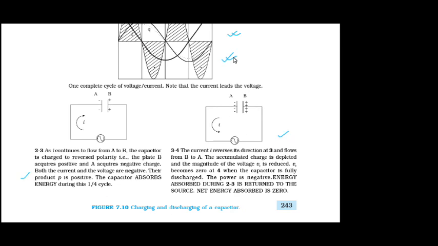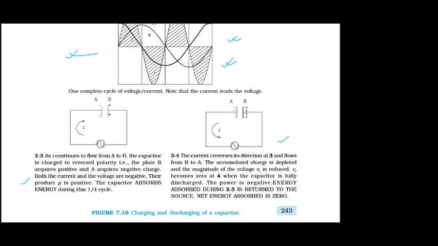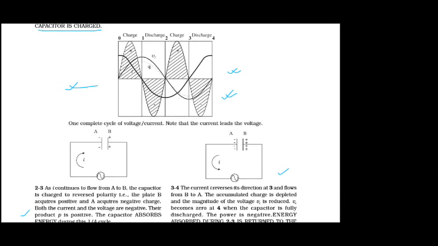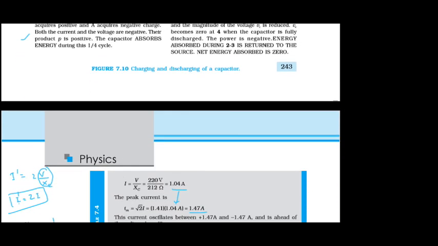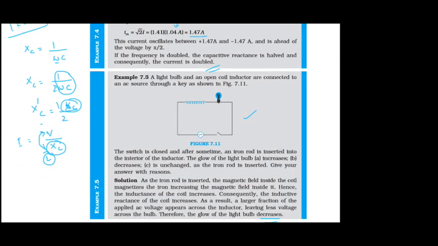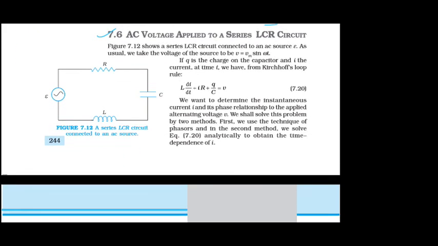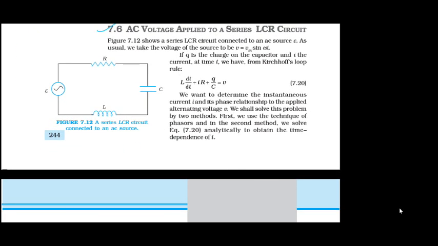In the graph we have seen in totality what happens in all four quarter cycles, when it is charged, when it is discharged, etc. We have solved a few numericals, and this was the end of today's session.